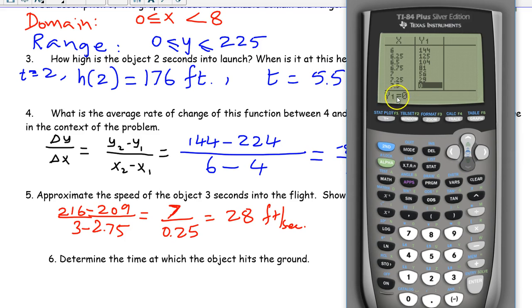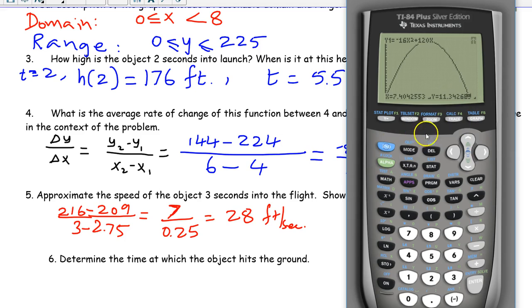So at 7.5 you are seeing a 0 here, right? The value of y is equal to 0 and x is equal to 7.5, and you can verify this by hitting second and trace. That's one. At x equal to 7.5, that gives you y equal to 0.